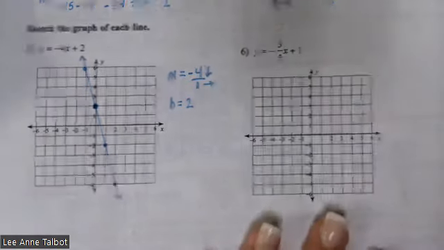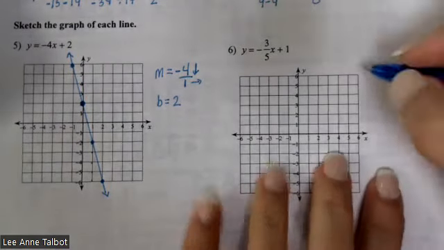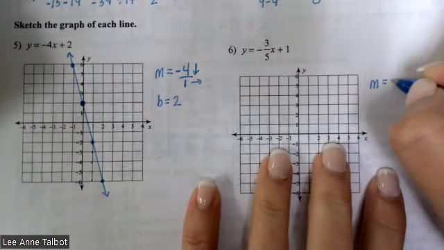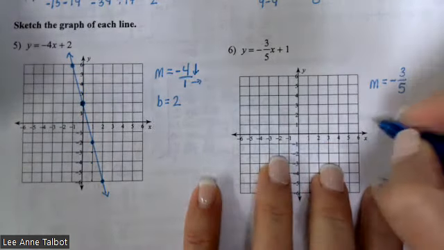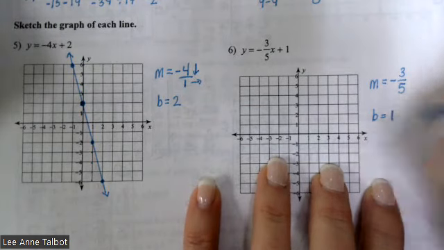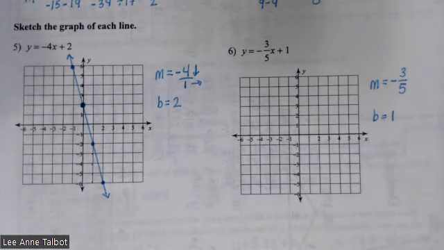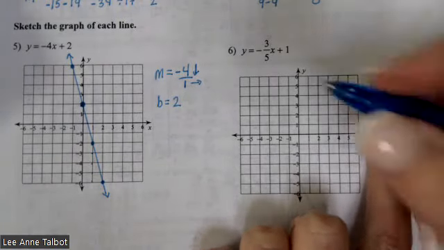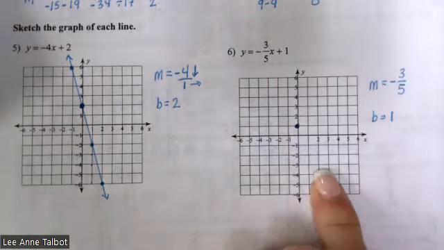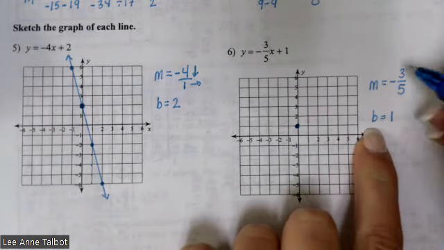Okay, next one. Number 6. M is -3 over 5. B is 1. Start with B. Y-intercept is 1.